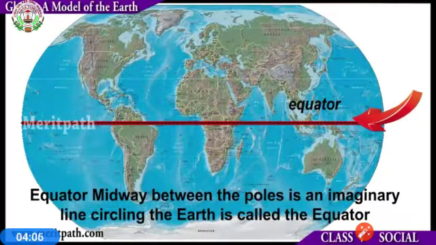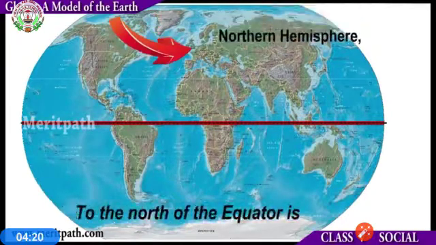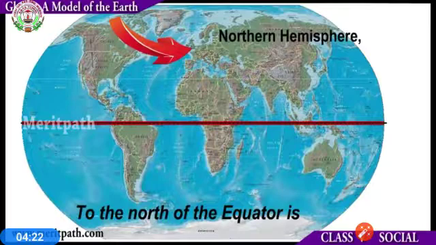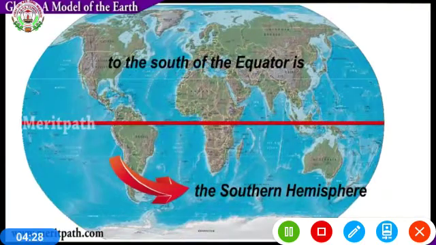It is called the equator. The equator divides the earth into two equal halves called the hemispheres. To the north of the equator is the northern hemisphere, and to the south of the equator is the southern hemisphere.